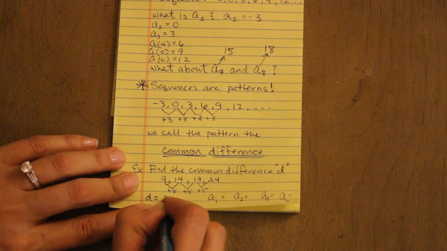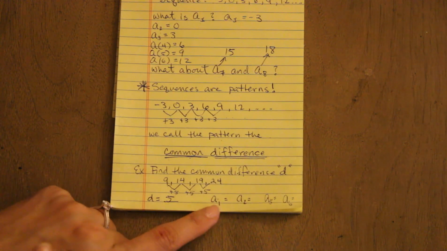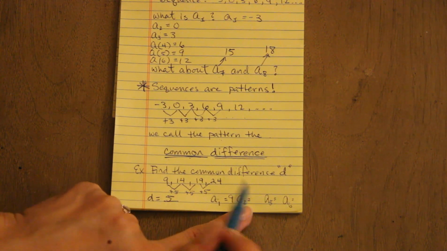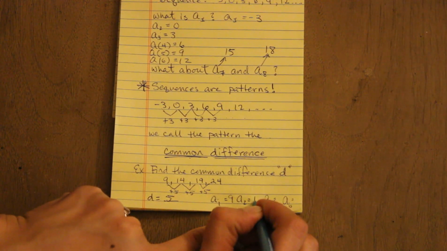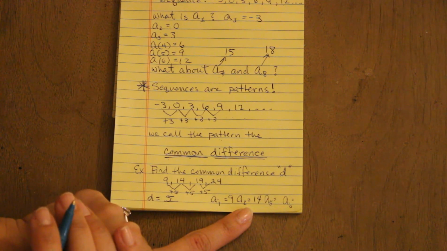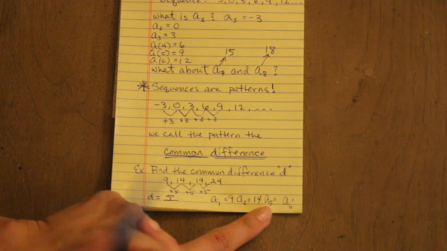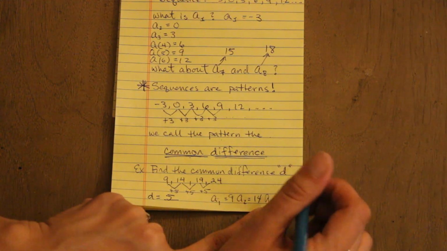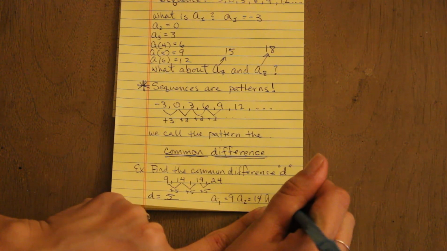Right? So the common difference is 5. What would be A1? That's 9. What would be A2? 14. What would be A5? That's beyond the list, but I know that I have to just add 5. That would be 29, right?